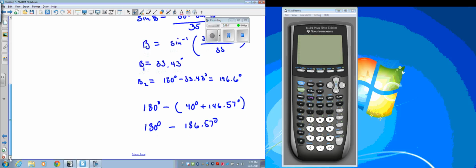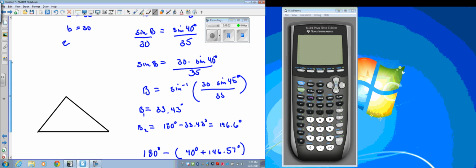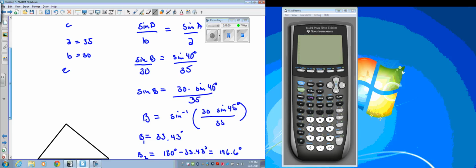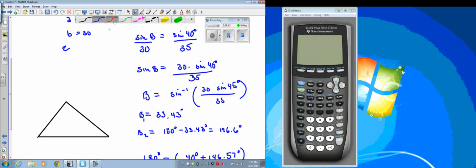And if you drew this thing out, let me draw it out. I can get this straight. Which sides do I have? This one would be the 40-degree angle.